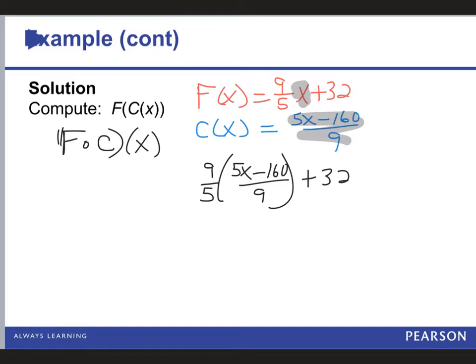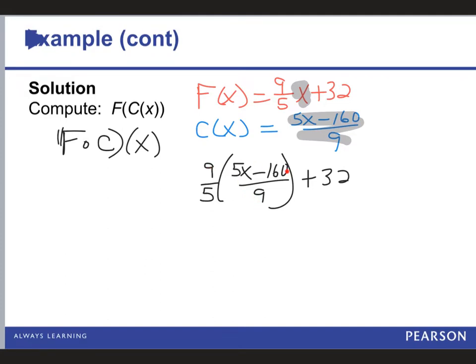The first thing I want you to notice is that I'm going to be multiplying by 9, so that 9 on top is going to cancel with the 9 on the bottom. 9 divided by 9 is just going to give me 1. You could do it in steps: 9 times 5 is 45, and 45 divided by 9 is 5.